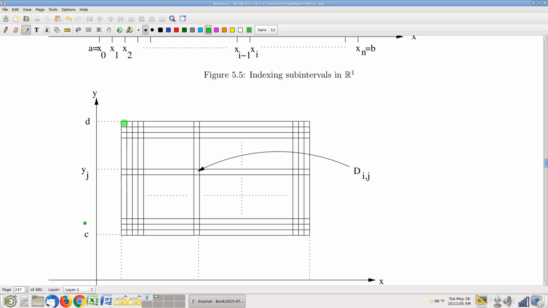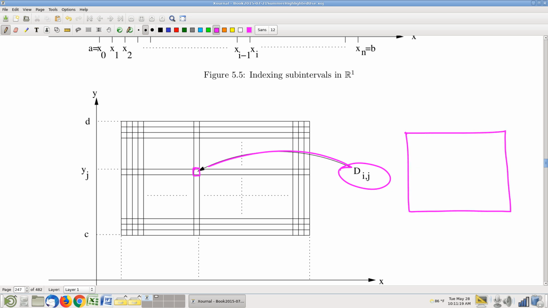Okay. All right, and so there are the details, and what we've got it down to now is this little sub-rectangle here, D sub ij, which now let's just blow up for visualization purposes. If this is the ith slot, if you will, on the x-axis, then this coordinate is x sub i. This coordinate is x sub i minus 1.